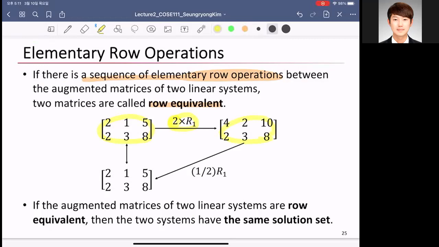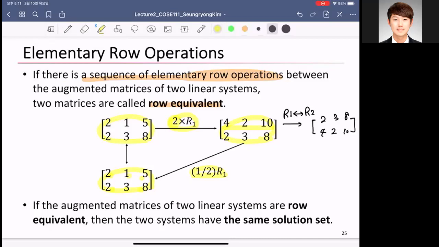If we apply scaling on row 1 again by 1/2, we can achieve another matrix that looks like this: 2, 1, 5, 2, 3, 8, right? Or if we apply, for example, interchange of R1 and R2, then our new matrix is going to be 2, 3, 8, 4, 2, 10, like this.